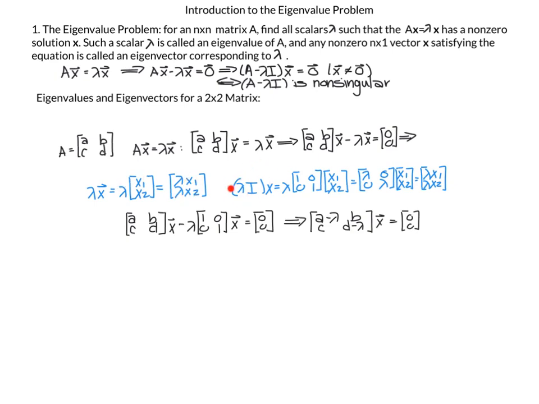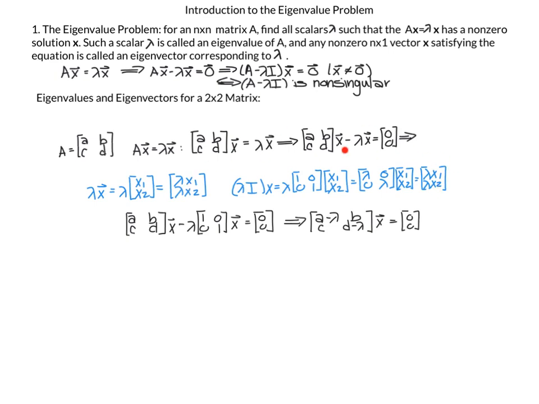I'm going to compare that to lambda times the identity matrix times our vector x. Here I have lambda and my identity matrix for the 2 by 2 matrices, and then I have my vector x. If I multiply lambda times my identity, I get [lambda, 0; 0, lambda] times my vector x, which is equal to lambda x1, lambda x2.